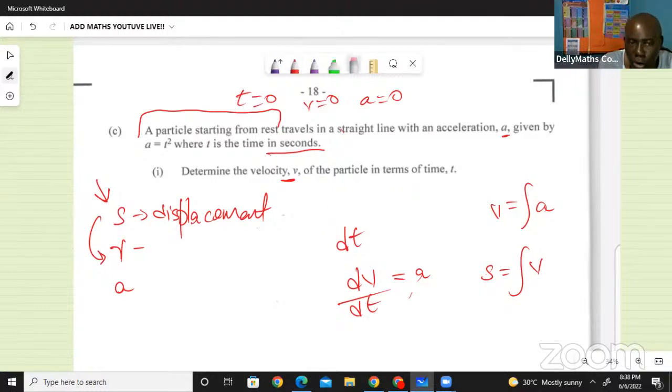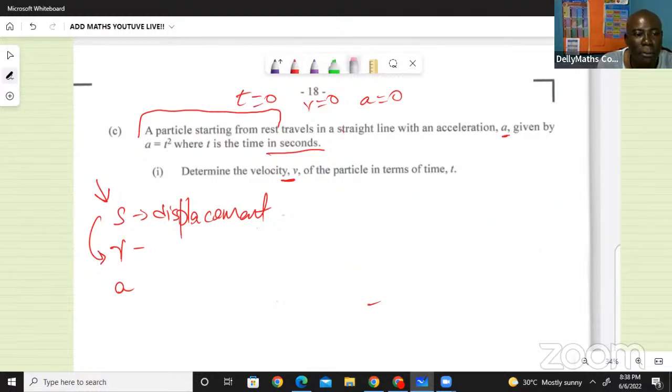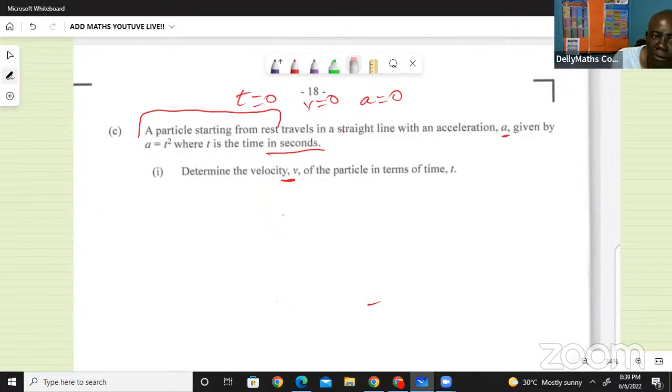Let me clear the board now to approach this problem. It's not really a big deal. You're just going to remember that. Determine the velocity v of the particle in terms of the time t. Velocity, as I just said, is equal to the integral of acceleration.